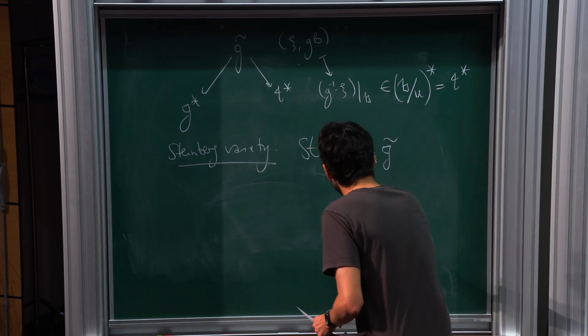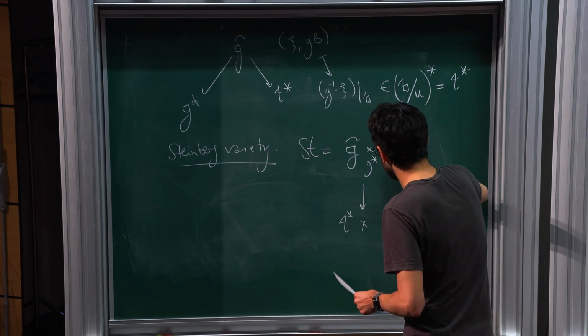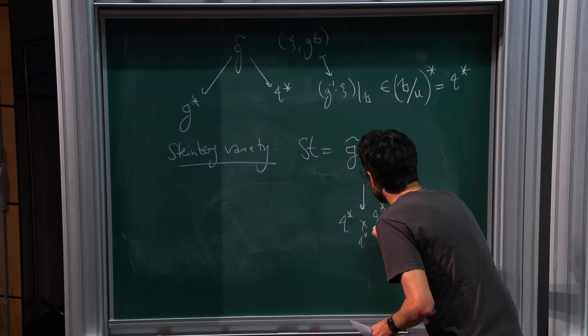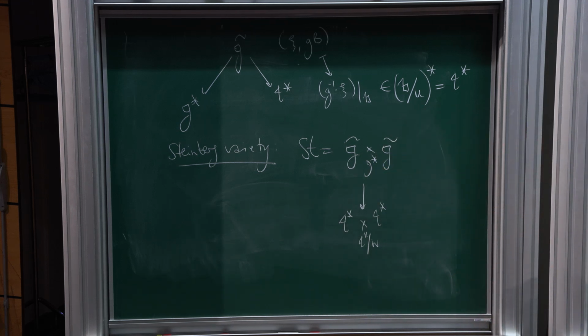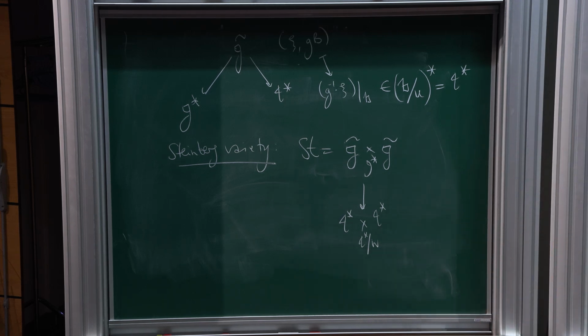And it naturally maps to, so I have a map from G tilde to G star, from the right G tilde to T star, and when I take the fiber product, it factors through an action to this fiber product of T star and itself over this quotient.